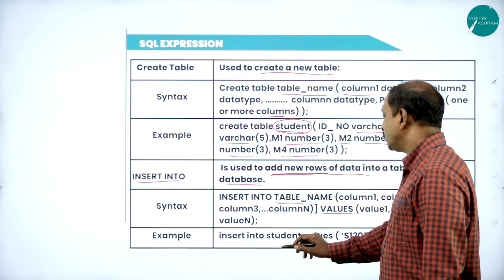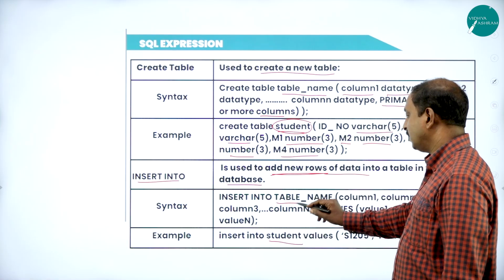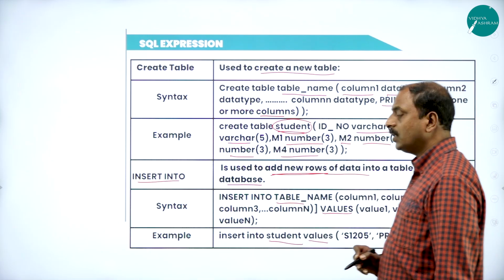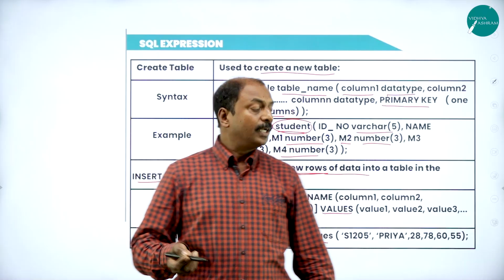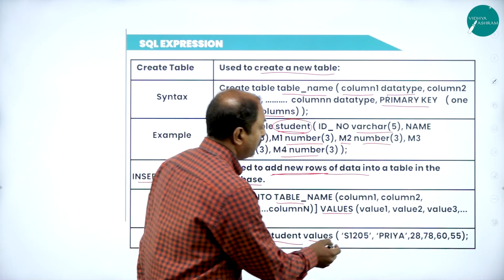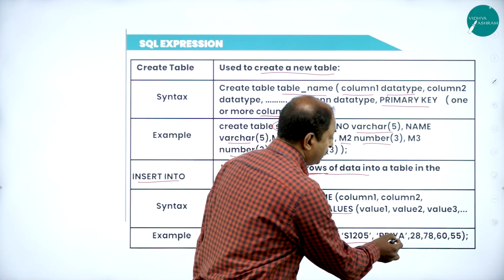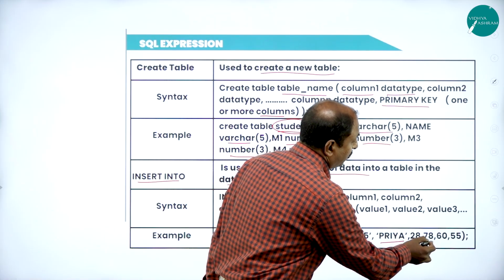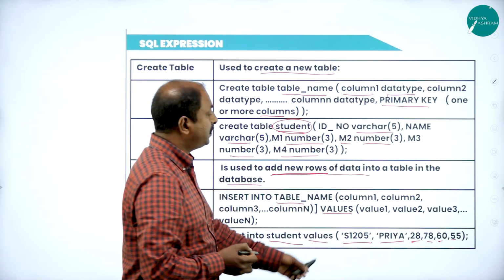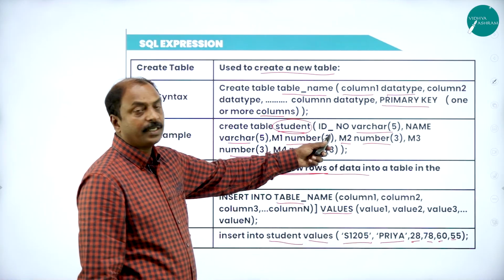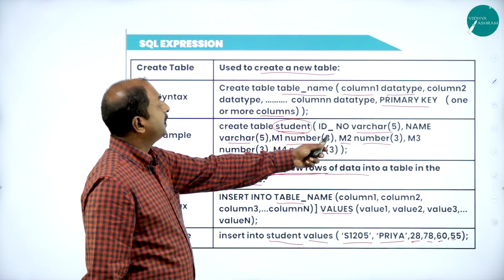So insert into student. This is the name of the table. Values. We are going to enter values for different columns. So here this is the value 1205, this is Priya, and these are the different values. These values will be stored in the same order as we have created in the create command.